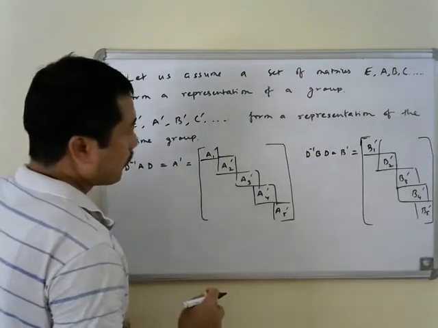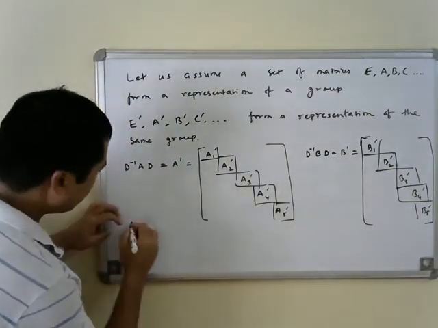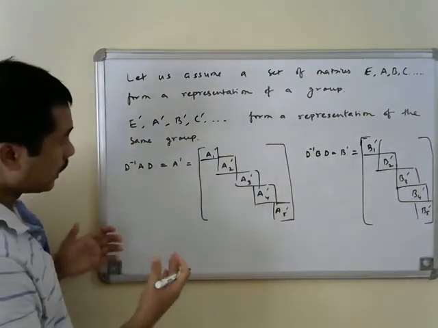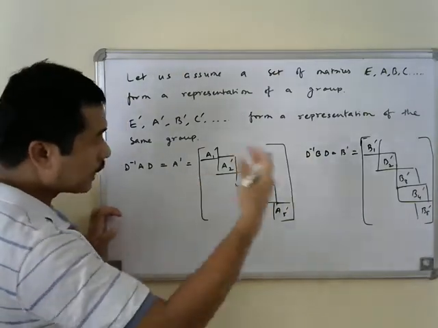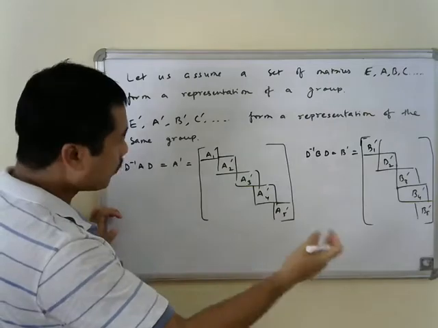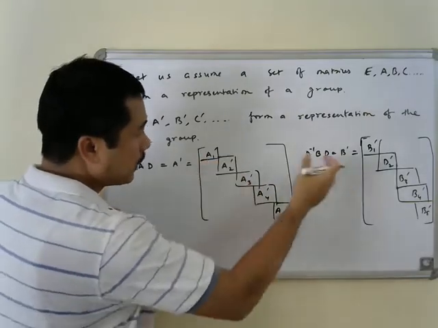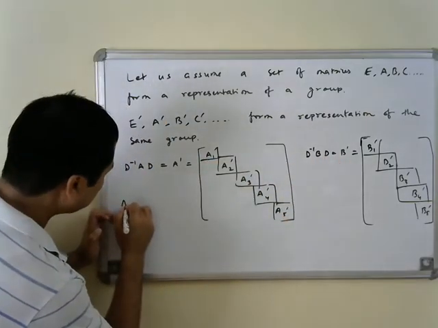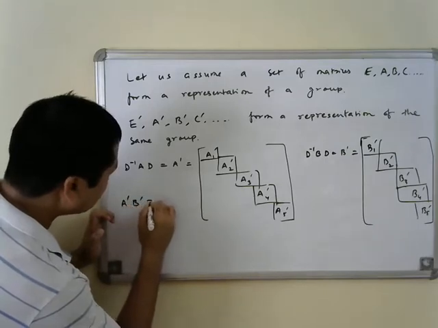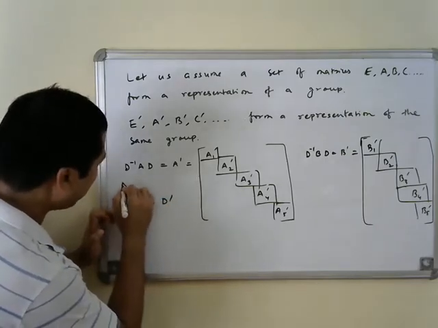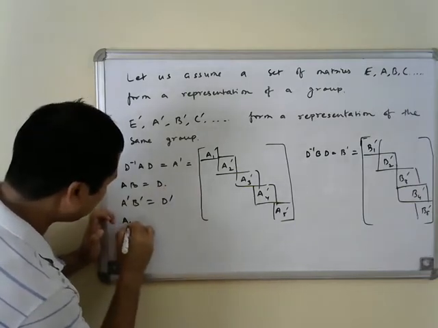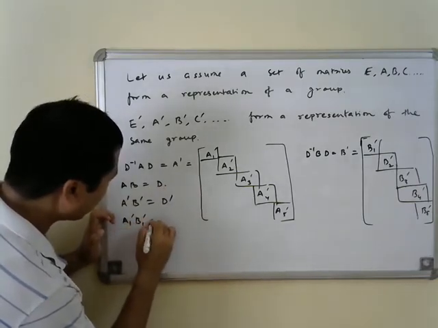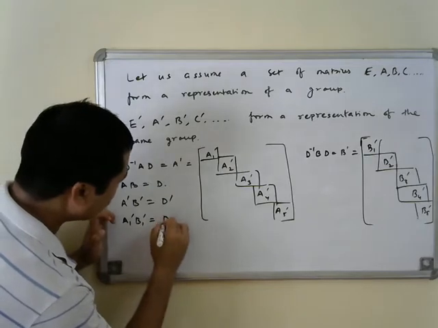In that case, as we have seen earlier, when we have such matrices which can be block factored, then we can get the resulting matrix by multiplying the corresponding blocks in the matrices. That is, since we have assumed that A dash B dash is equal to D dash, or AB is equal to D, then we can write that A1 dash B1 dash will also be equal to D1 dash.